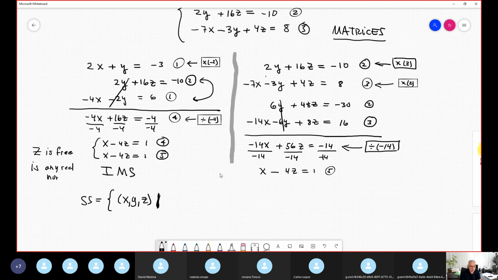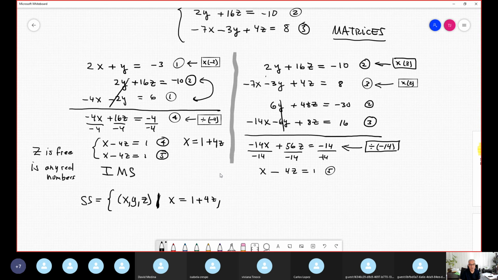That is the reason, no, that there are infinitely many solutions. And the connection between x and z is x equals 1 plus 4z. So you solve for the variable that you consider not free as a function of the variable that you consider free. So x is equal to 1 plus 4z.